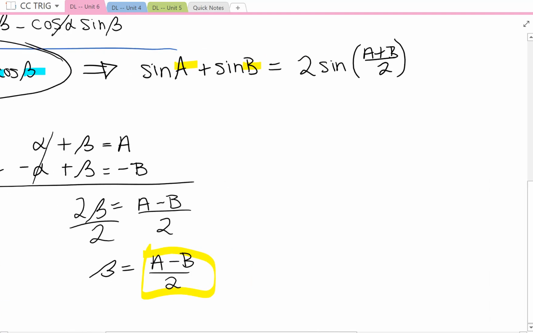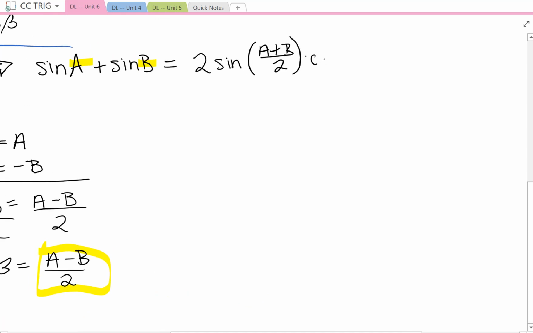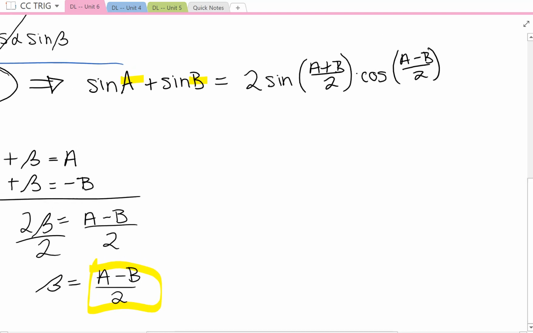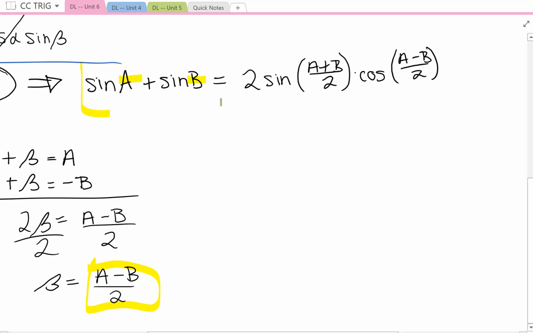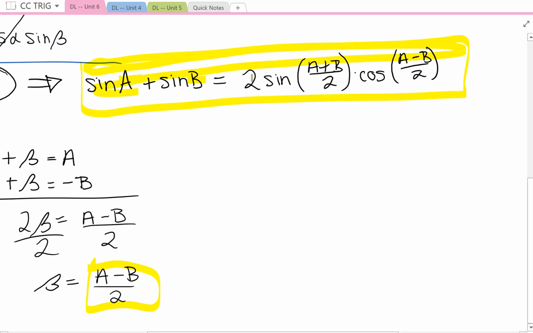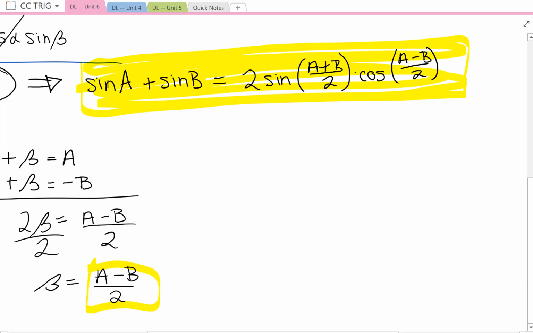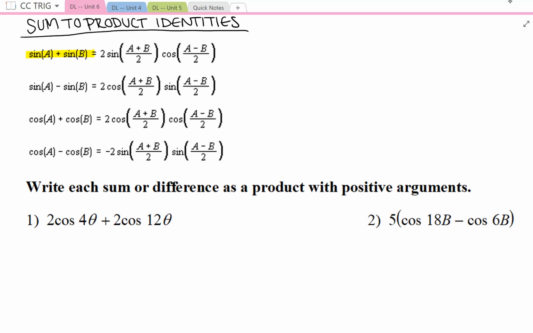And that is also being multiplied by cosine of beta. Cosine of A minus B over 2. This is the formula for turning a sum into a product. How exciting!